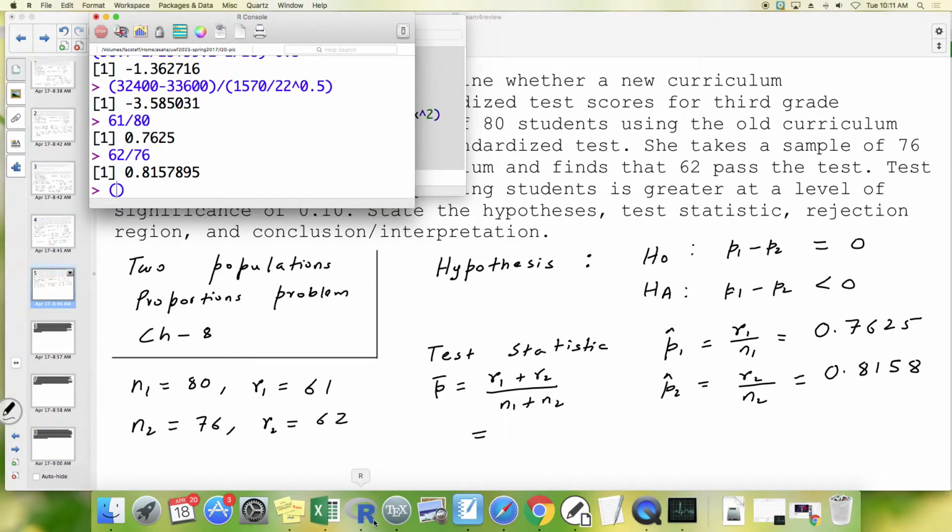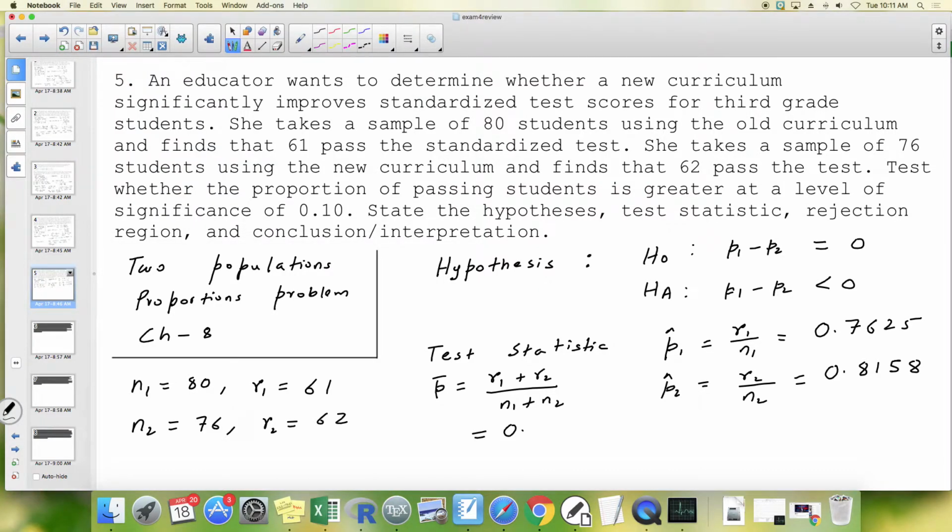Which means 61 plus 62 divided by 80 plus 76. So 0.7885. Alright.